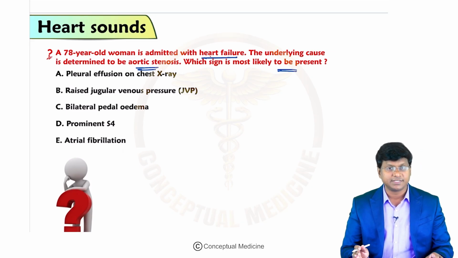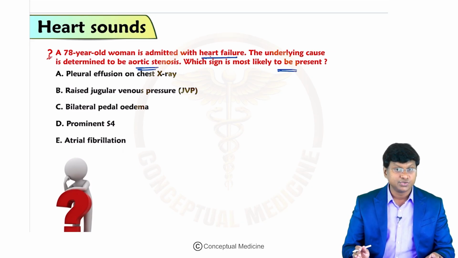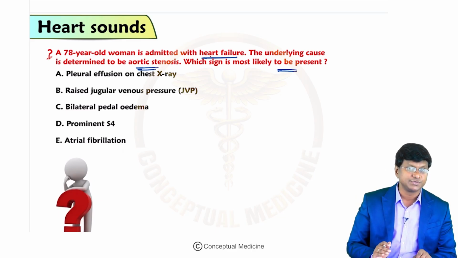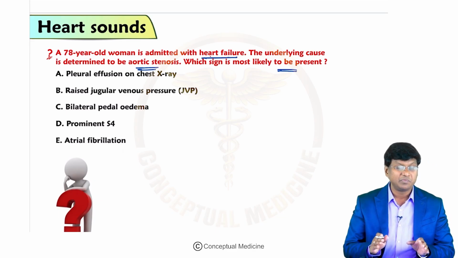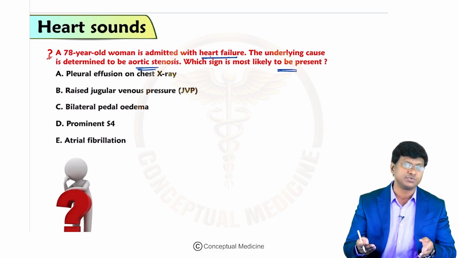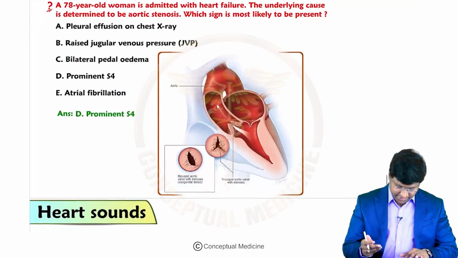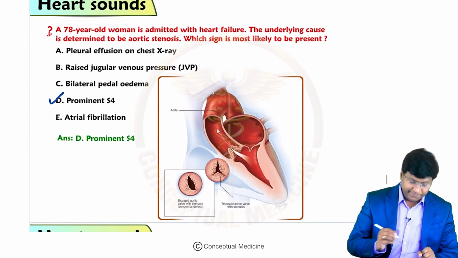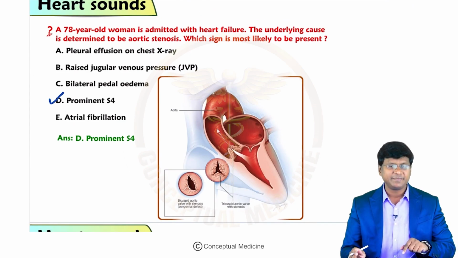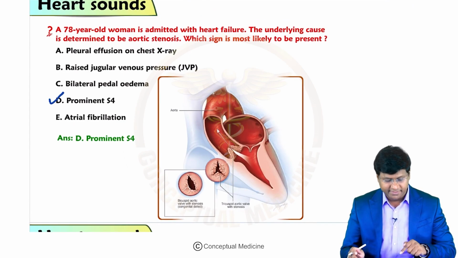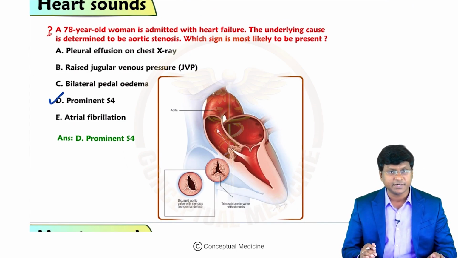Pleural effusion on the chest X-ray, raised jugular venous pressure, bilateral pedal edema, prominent S4, atrial fibrillation. So in patients with aortic stenosis, the characteristic additional heart sound which is heard is the prominent S4. Now let me discuss the S4 and then come back to this question.